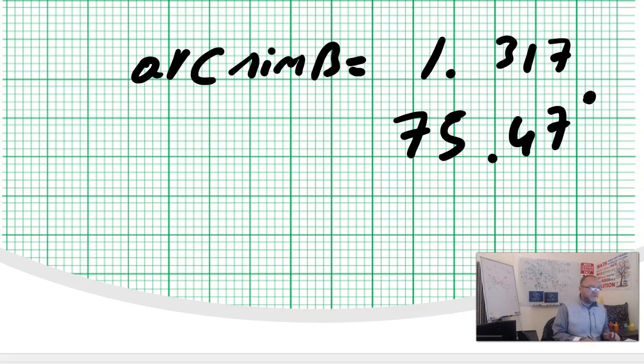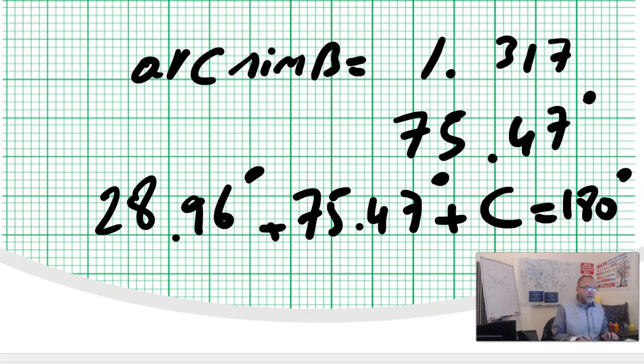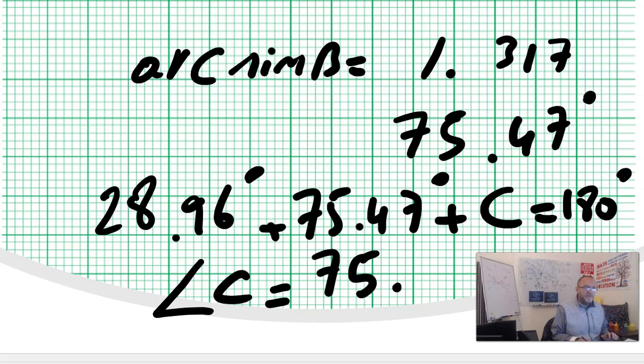And it will be like, perfect. And now I can just go ahead and do 180. I know A is 28.96 and B is 75.47 degrees, and C equals 180 minus those; you do the math and you get angle C equals 75.57, and be like, done.